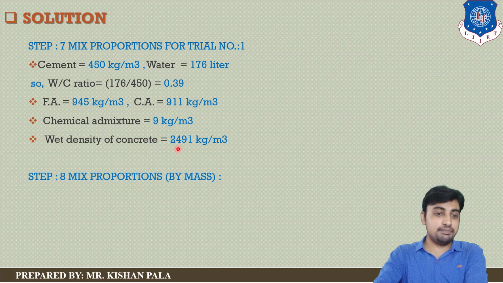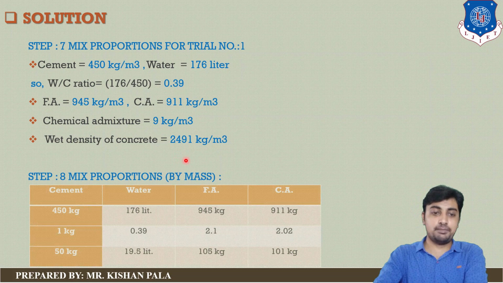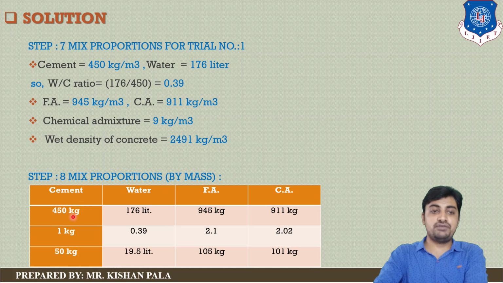Our last step is finalizing the mix proportion: 450 kilogram of cement, water mass 176 liter, fine aggregates 945 kilogram, and coarse aggregate 911 kilogram per meter cube. These values are based on 450 kilogram of cement mass.